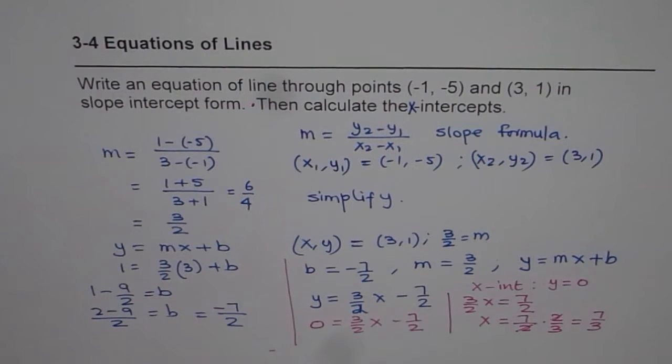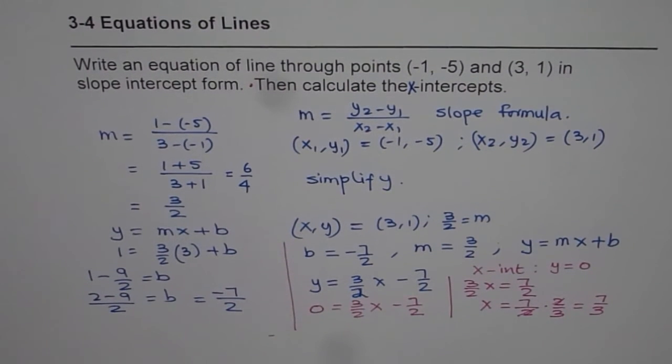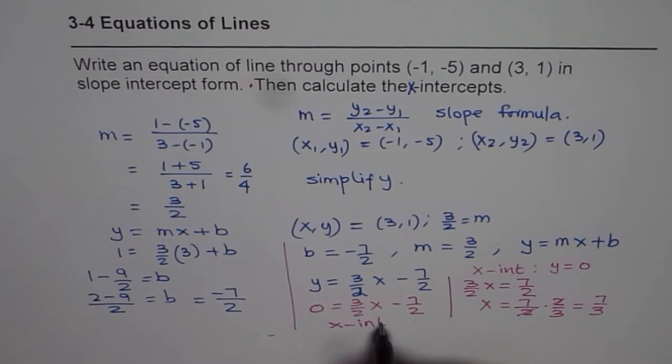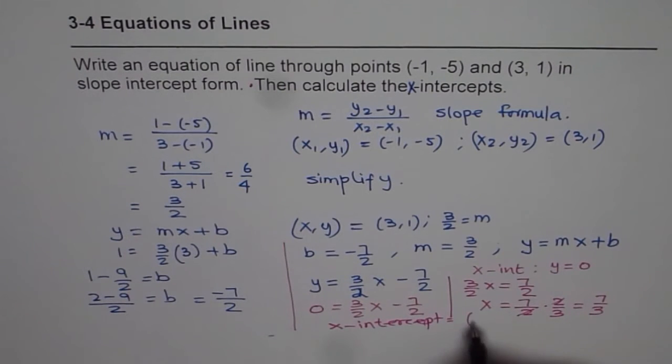And therefore the x-intercept for us is 7 over 3, y value is 0, right? So that is how you can calculate the x-intercept.